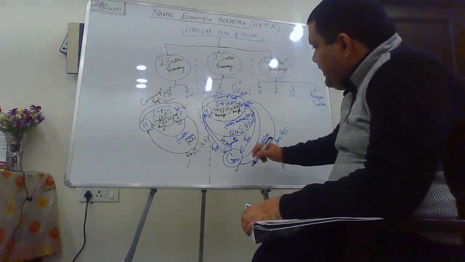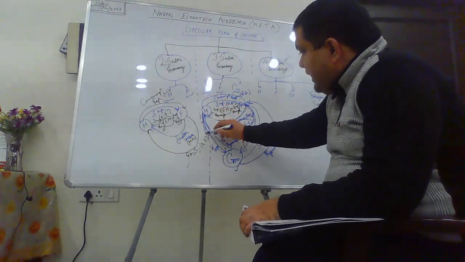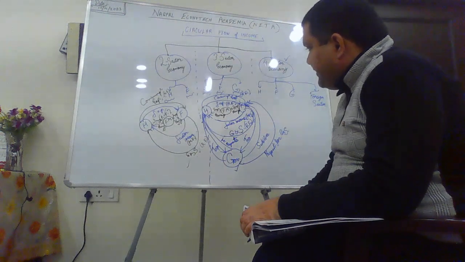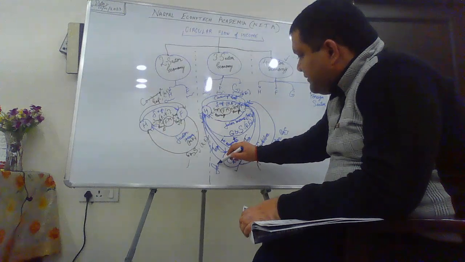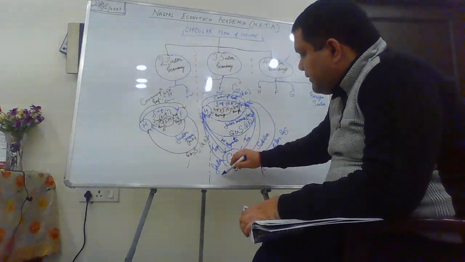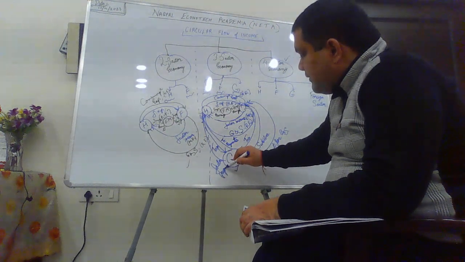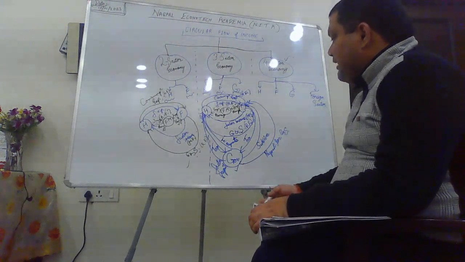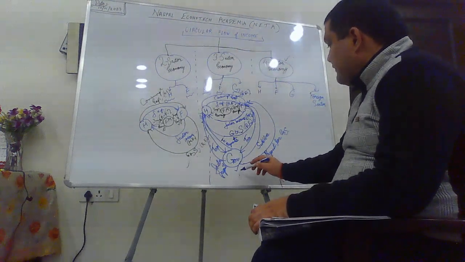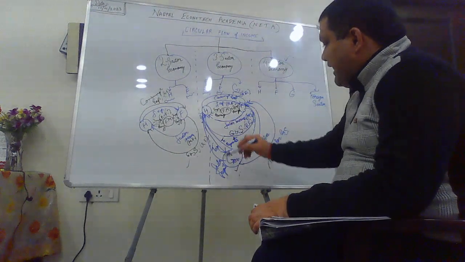And similarly, the government has to make the payments to the household for the factor payments. Because the household sector provides land, labor, capital and enterprise to the government sector as well. So in return, it will pay the factor payments.